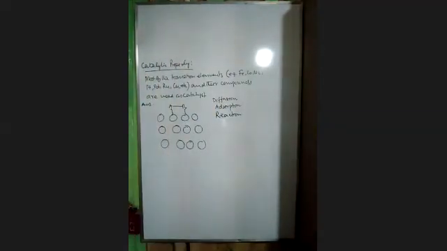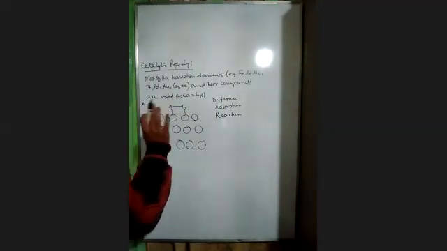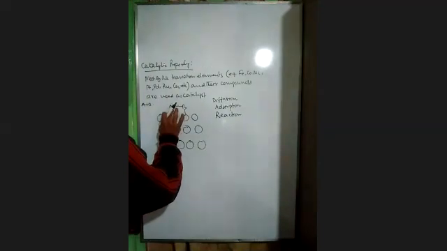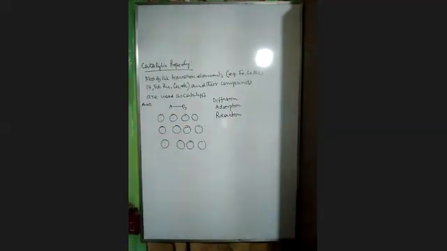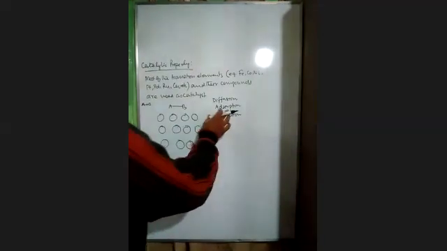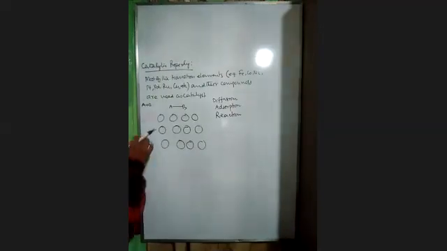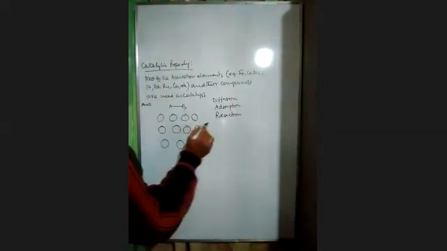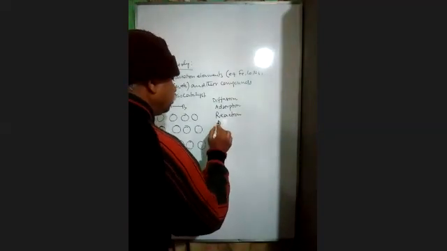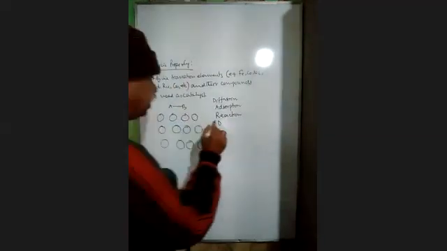After the reaction is finished, they form the product AB, and in that case this bond is broken. The moment the bond is broken, they leave the surface. When they leave the surface, the process is called what? We call it desorption.